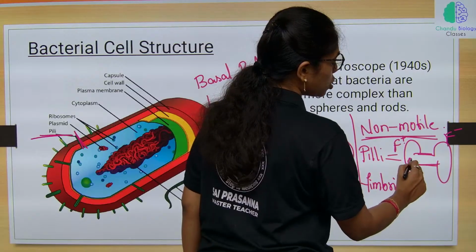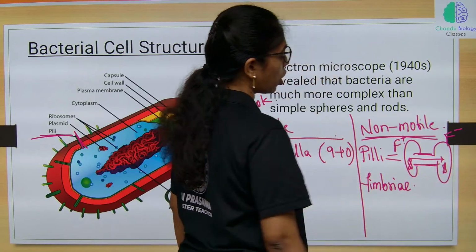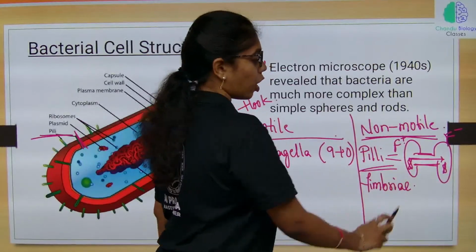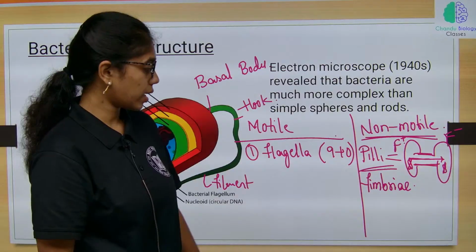To promote the conjugation, sex pili is required. This is an elongated tubular structure.